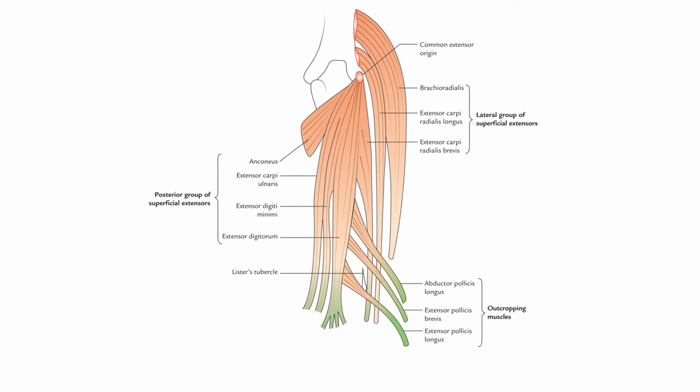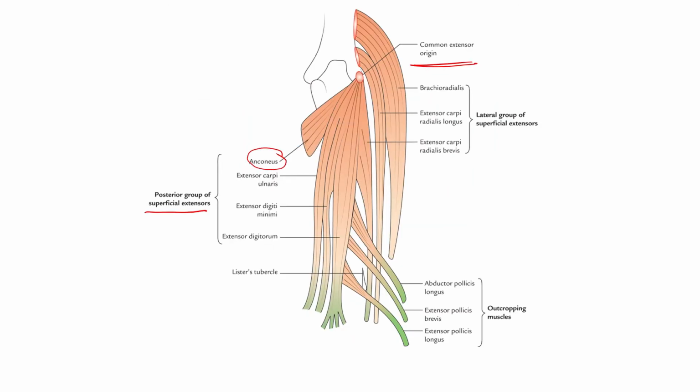Other than these long extensor tendons, we have one short muscle, that is the anconeus. The anconeus is one of the superficial extensors. It is a short, triangular muscle which lies just adjacent to the elbow. The origin of the anconeus is from the common extensor origin, over the lateral epicondyle of the humerus, or just behind the lateral epicondyle to be more specific.